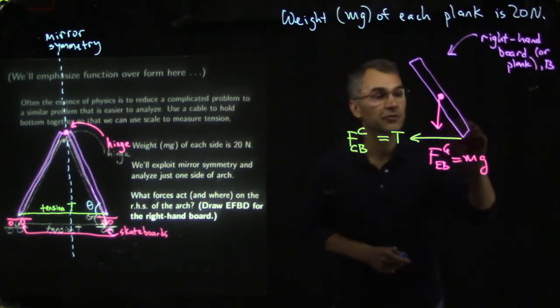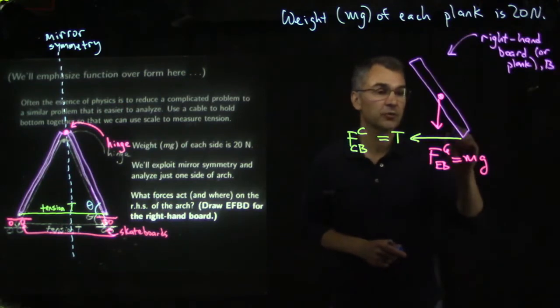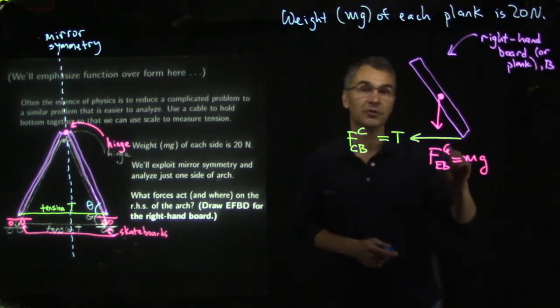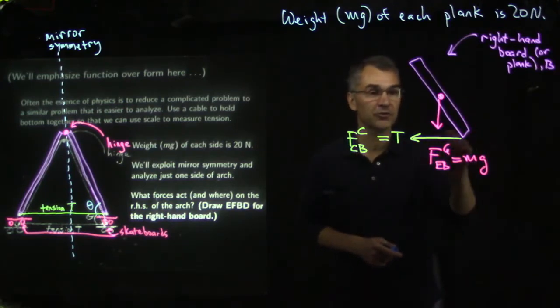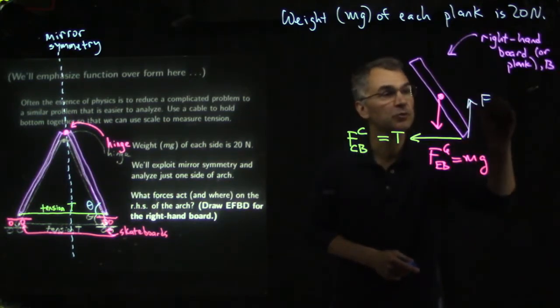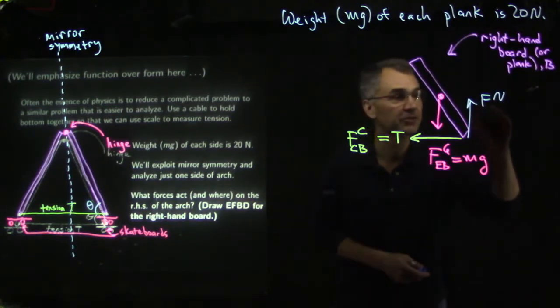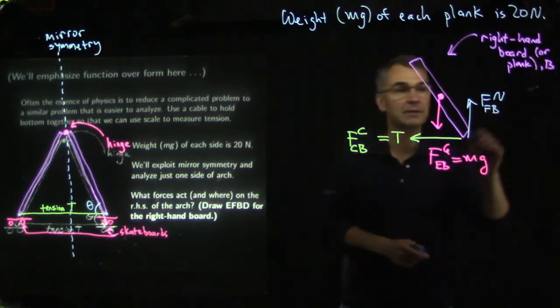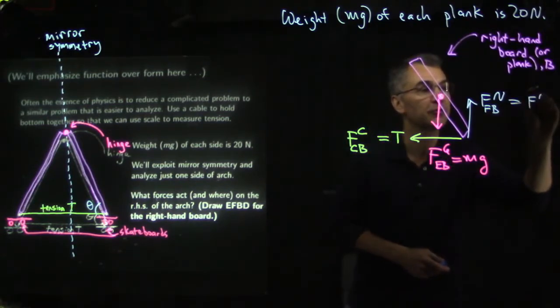The next force is the vertical contact force. We could call it the normal force, since we're sort of accustomed to the vertical force exerted by the floor on something being the normal force. So let's call this the normal force exerted by the floor. I mean, it's the roller skate, but let's call it the floor on the board. And we don't know how big that is, so maybe we'll just call this F normal for short.